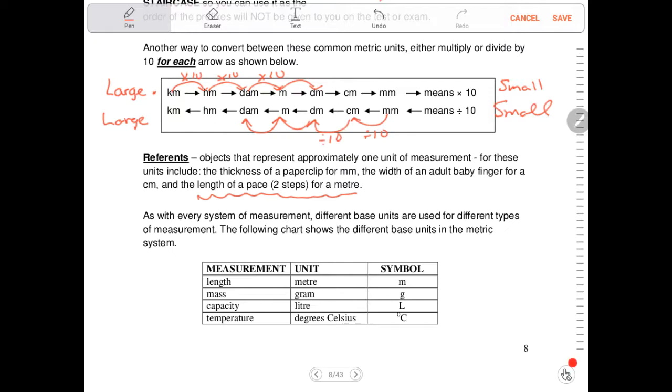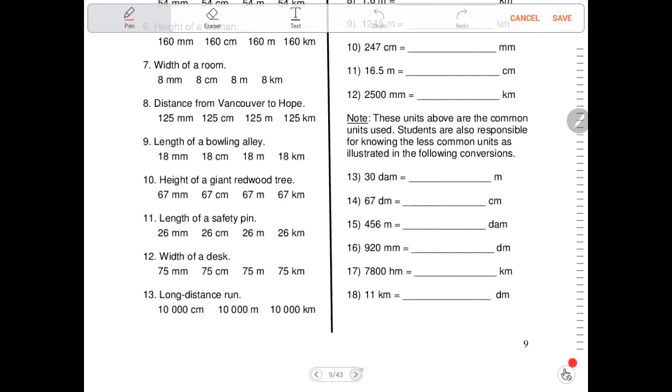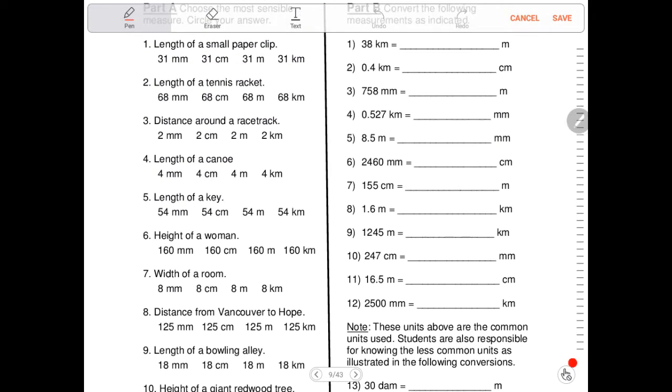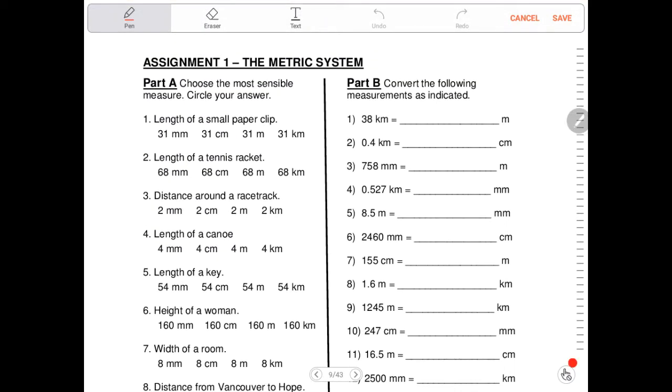But if you want me to teach you another way of doing this, I'm going to push this over to part B, which says convert the following measurements as indicated. One thing you always can use is cross multiplying and dividing. This can be a very useful skill.